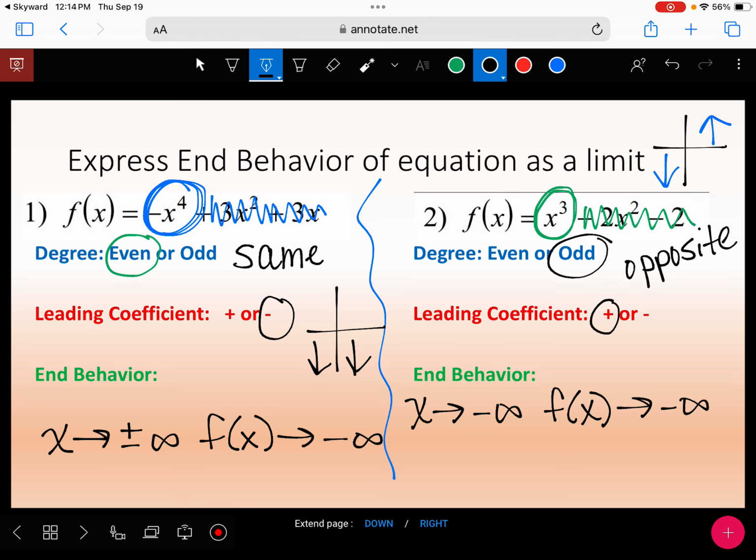That's how you say that. On the left side, the arrow goes down. On the right side, now because they're not doing the same thing, I have to write them as separate statements. On the right side, as x approaches positive infinity, f of x is going to go up. And that would be your end behavior.